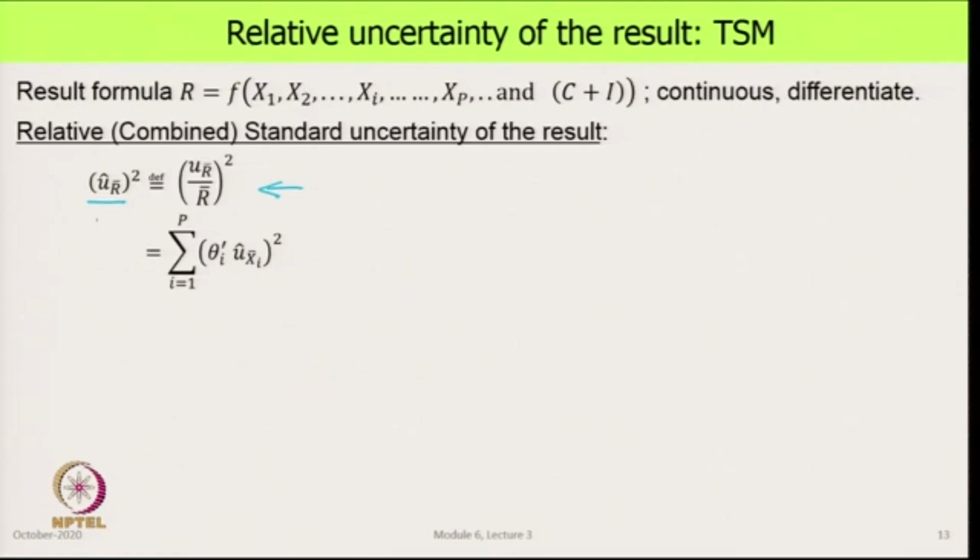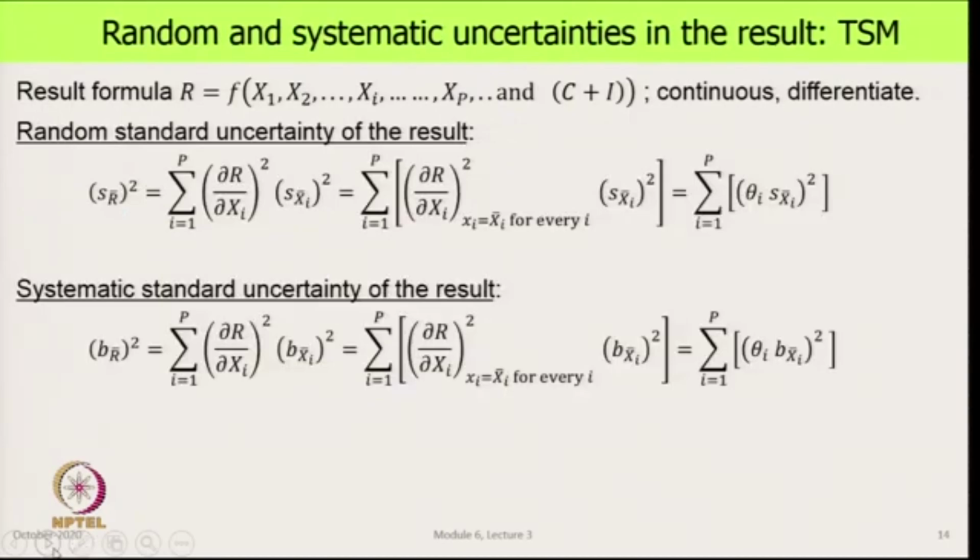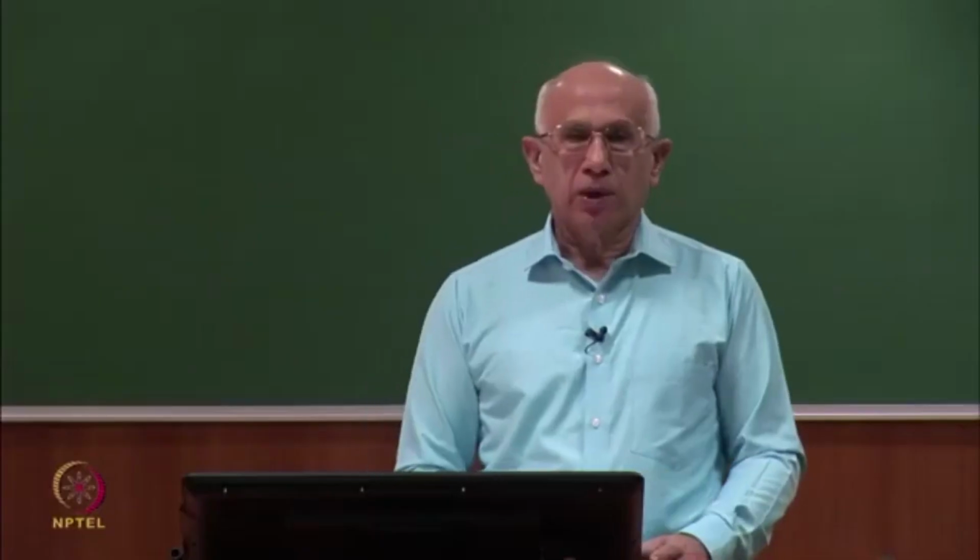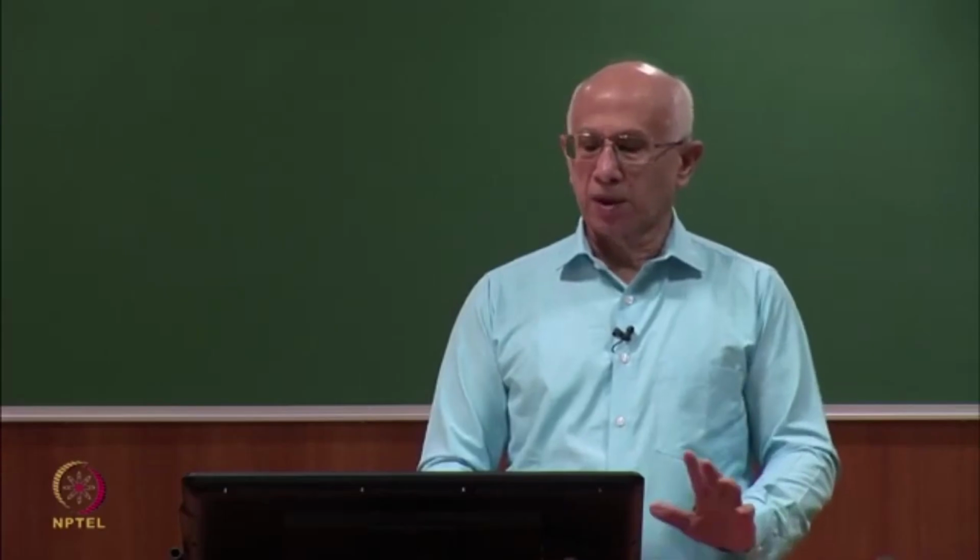So, the relative standard uncertainty of the result is obtained in terms of the relative standard uncertainty of the measurement and the uncertainty multiplication factor for the corresponding variable. So, this is yet another expression we have.